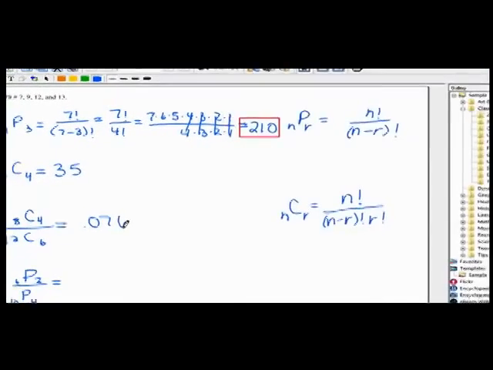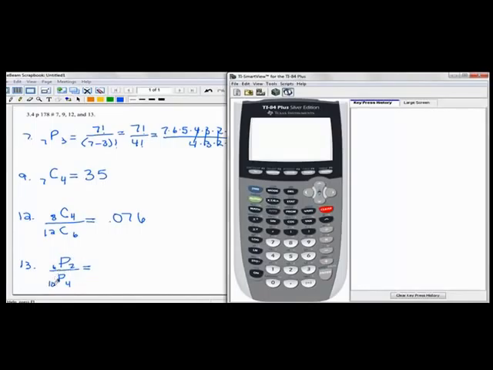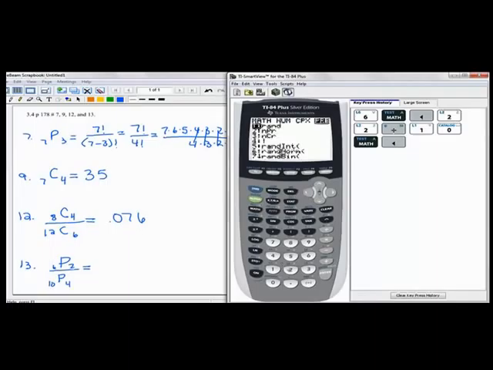Now let's take a look at number 13. We get our permutation here, 6 choose 2 divided by permutation 10 choose 4. So we're going to start with our 6, go to math, and then to probability. Number 2, I'm going to choose 2 of those, divided by 10, math, probability, number 2, choose 4.